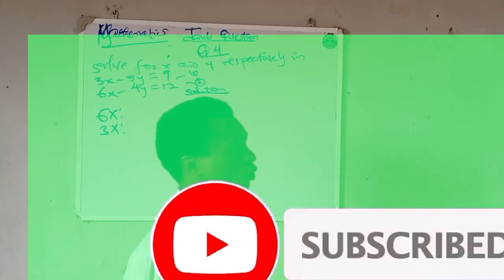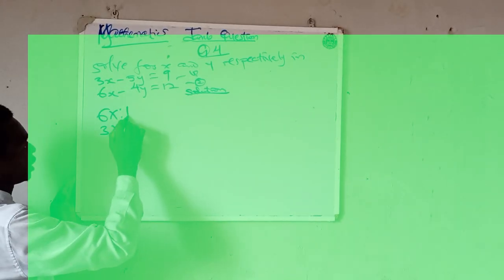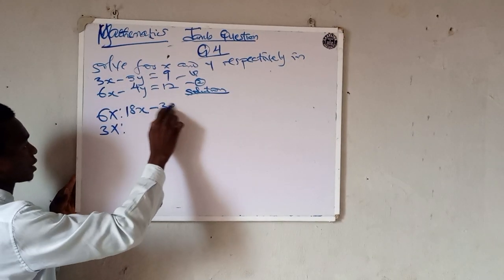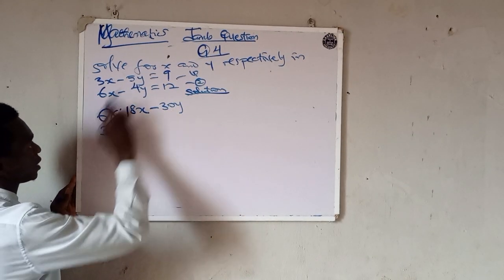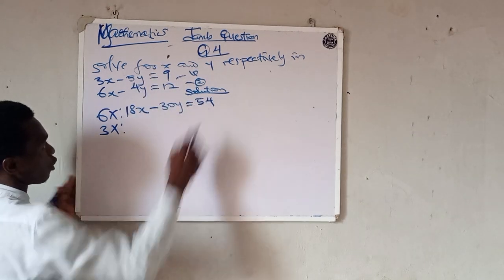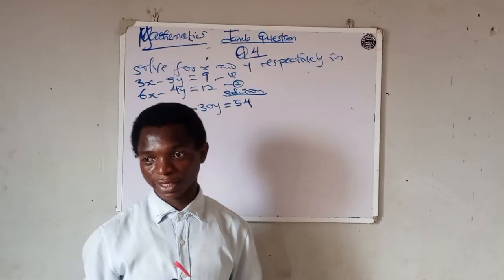So when you exchange the coefficients, 6 times here will give you 18x minus 6 times 5, 30y. 6 times 9 will give you 54. Therefore, equation 3.